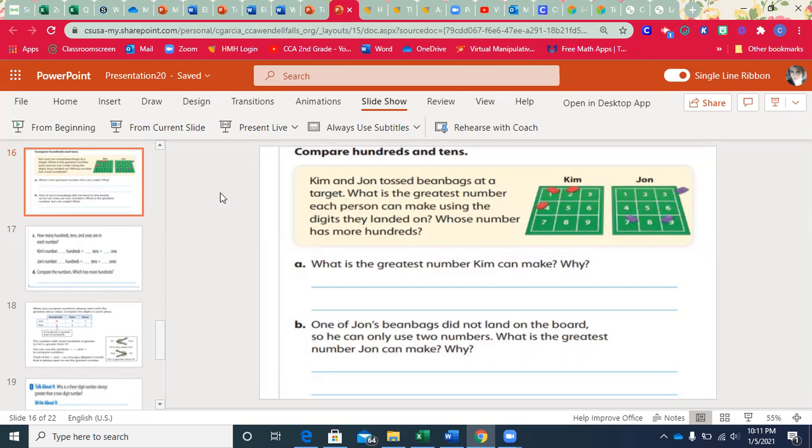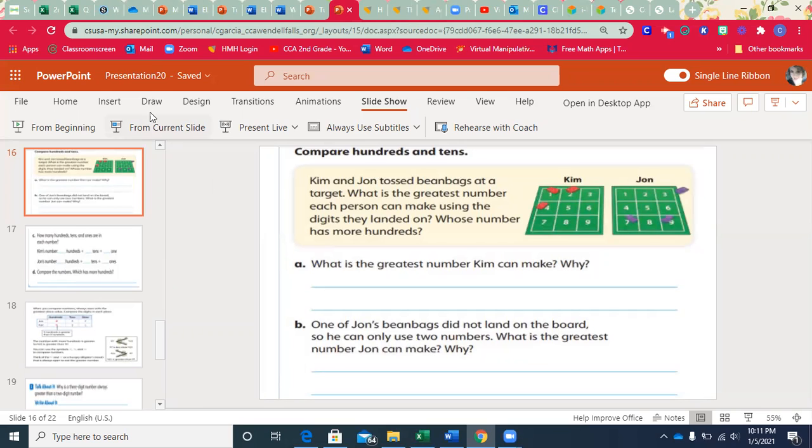If we look at Kim's grid, and she's got the red beanbags, her beanbags landed on a 1, a 2, and a 4. So knowing what you know about place value, what is the greatest number that she can create using those digits? Which number would we want in the hundreds place if we're trying to create the greatest number?